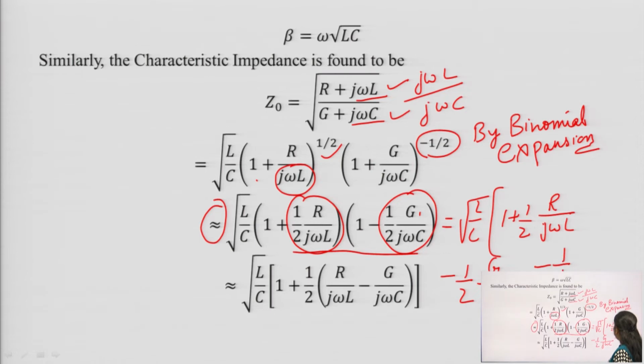This will be 1 by 4 r g j square omega square L C. When the omega square term comes, again we are saying that omega is in the gigahertz range, and since omega comes on the denominator side, this is a very small value, so this term will be discarded and we have only this term: under root L by C, 1 plus half r upon j omega L minus g upon j omega C.